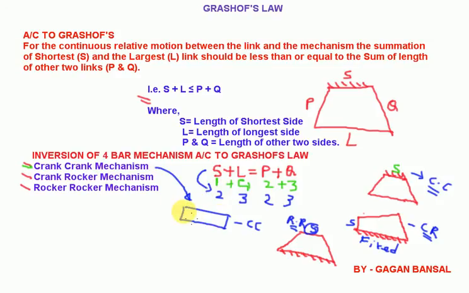And if it is not a parallel linkage, say the two shortest are together, and this is S, this is S, this is L, and this is L. In this case, it is known as a deltoid linkage.